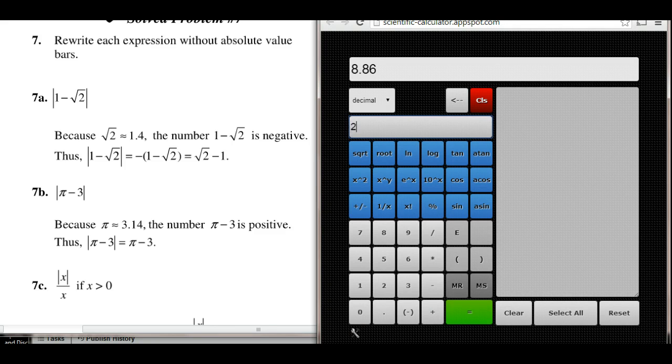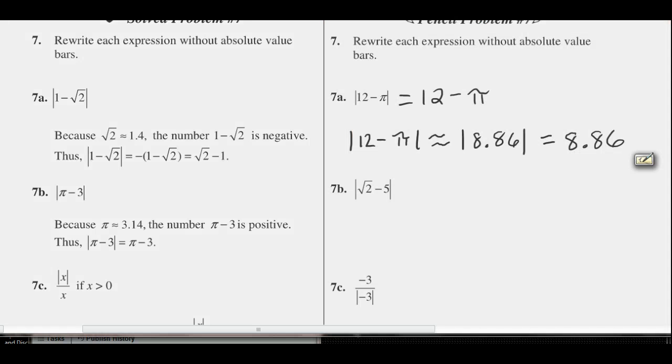So you hit 2 square root, and then we want to subtract 5. So minus 5, and hit equals. So we get that that number is negative 3.59, let's say. So let's go back and see how we might write this down in terms of actual approximation.